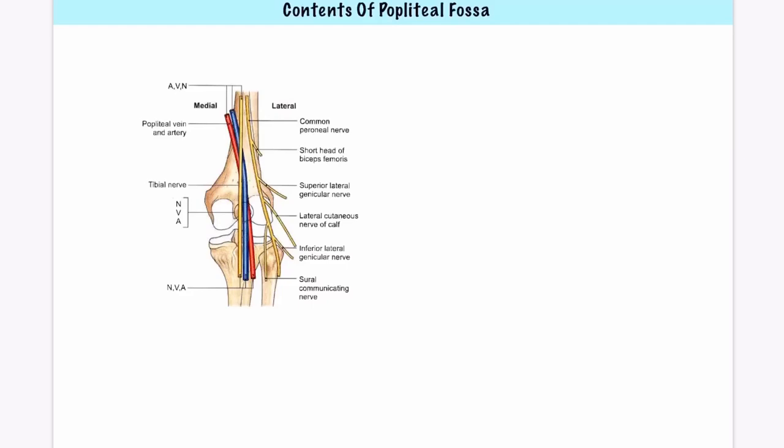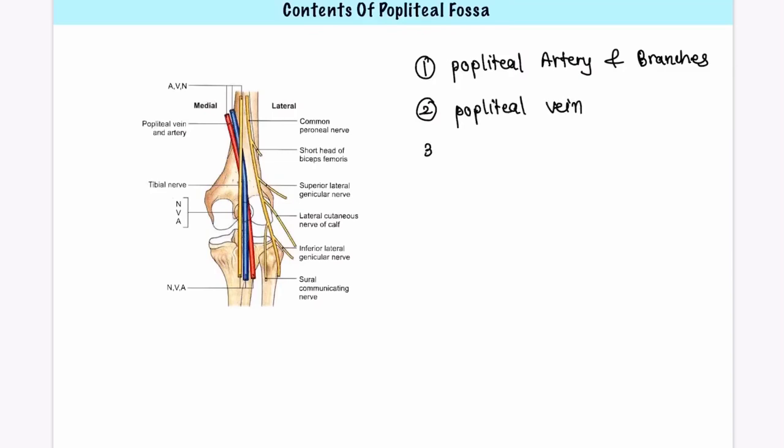Now let's talk about contents of popliteal fossa. It is very important to understand. So first is popliteal artery and its branches. Second is popliteal vein and its tributaries. Third is tibial nerve. So there is one artery, one vein and one nerve. Fourth is common peroneal nerve.